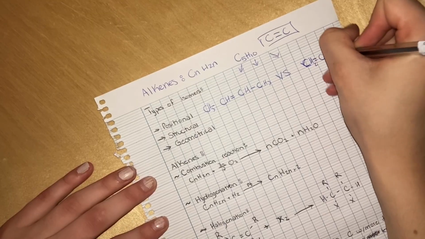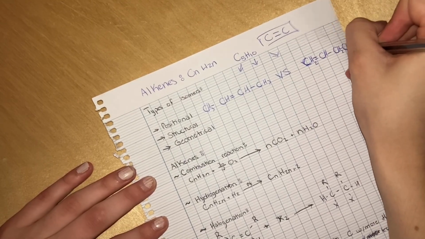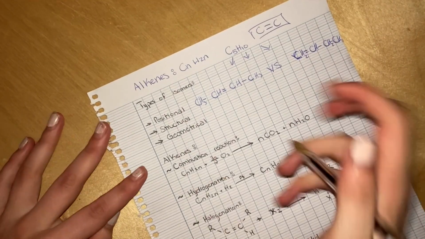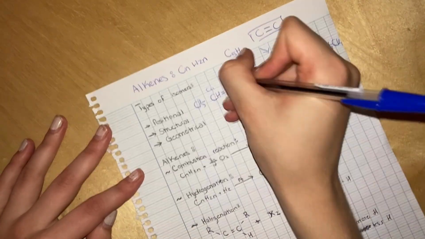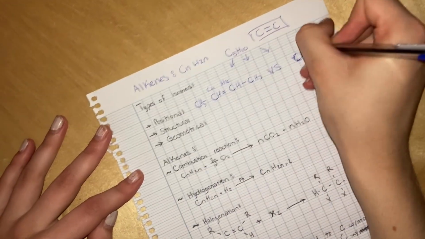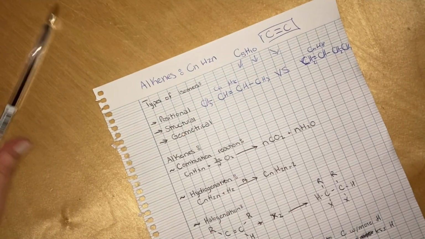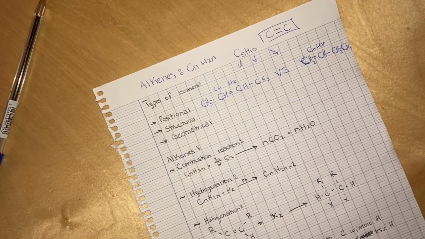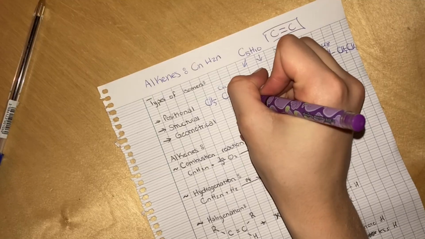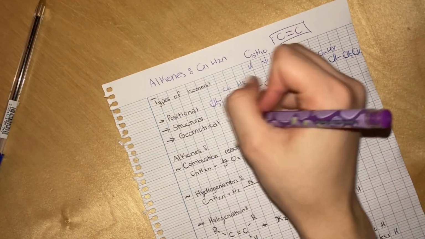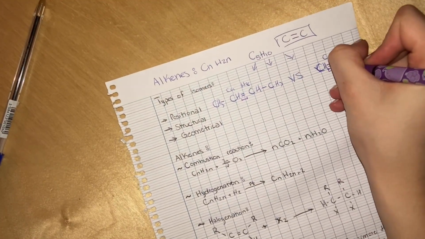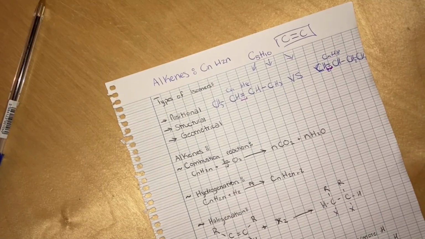H2, H, H2, H3. If we look at these, both of these are C4H8. However, the position of the double bond, let me pull out another color, the position of the double bond is different. Here, it's in the second bond location. Here, it's in the first bond location. So that is what a positional isomer is.